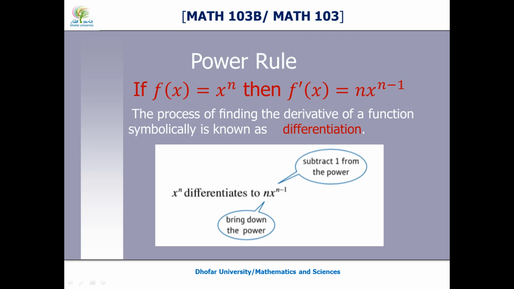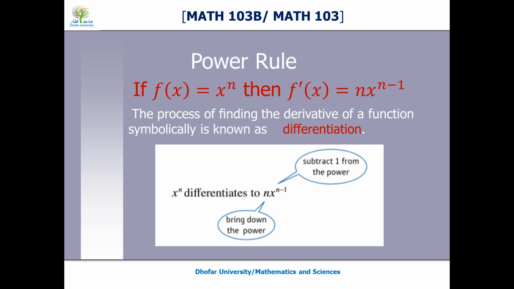The process of finding the derivative of the function is called differentiation. Normally the question will ask you either to find the derivative of the function or to differentiate the function. Both of them are asking you to find the derivative of the function.